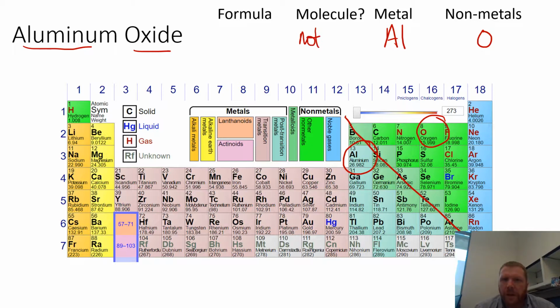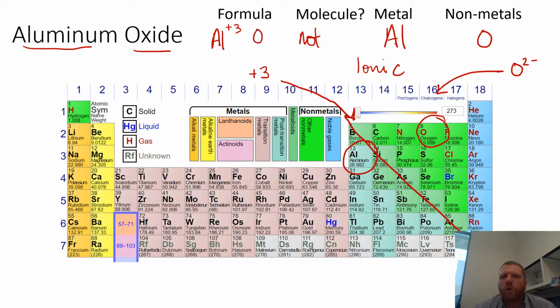Okay, now, since this is an ionic compound, how do we figure out the formula? Well, being in group number 13, aluminum is a +3 ion. Being in group number 16, oxygen is a -2 ion. So we've got two different charges there. So Al3+, O2-.